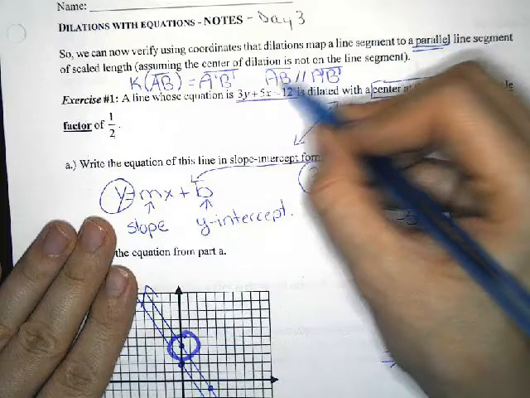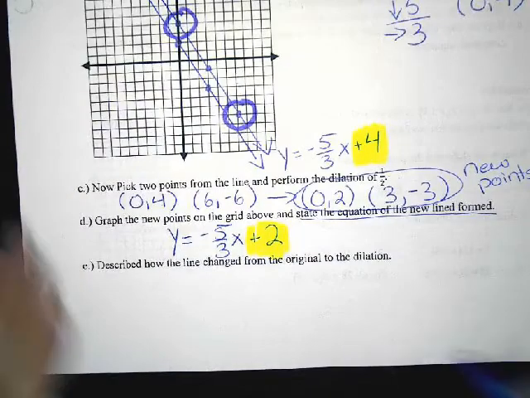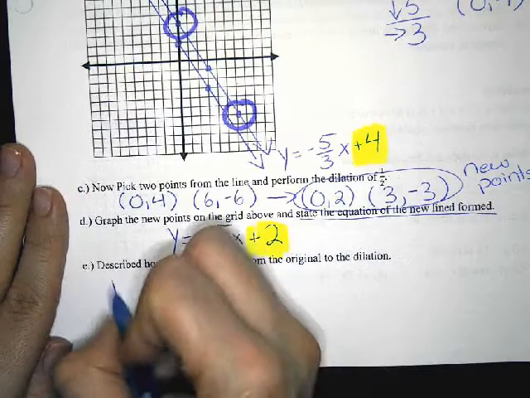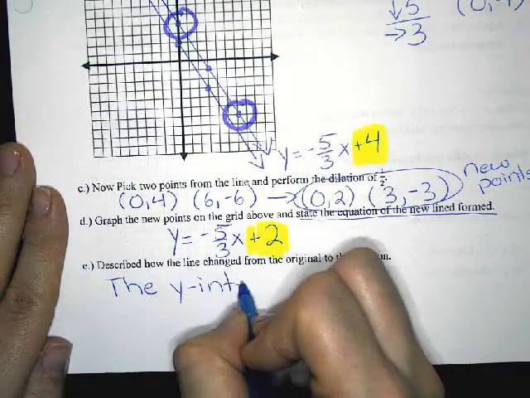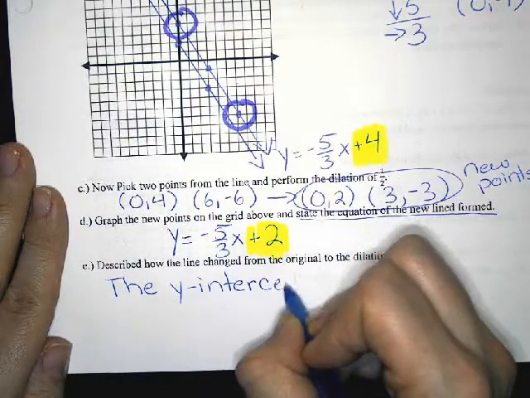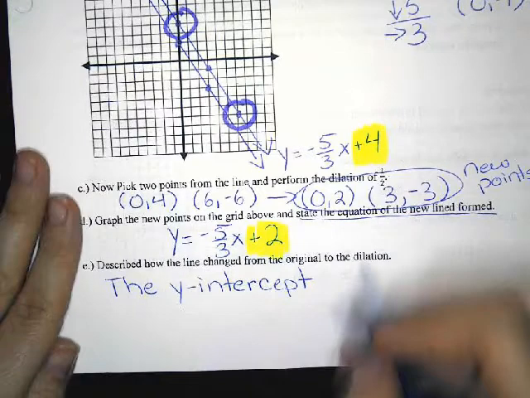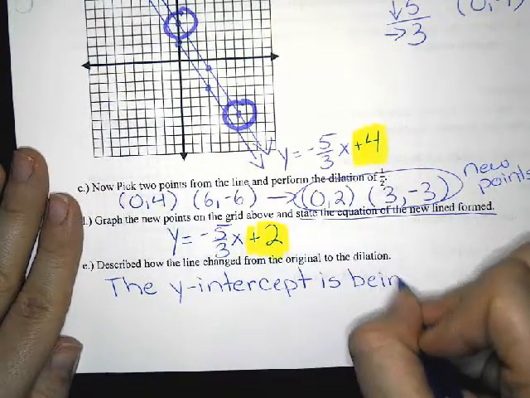We talked about parallel in the previous lessons. It keeps the lines parallel, or segments. So from here, the only thing that changes about this, how did the line change? The y-intercept changed. And it changed by specifically the y-intercept being multiplied by the scale factor.